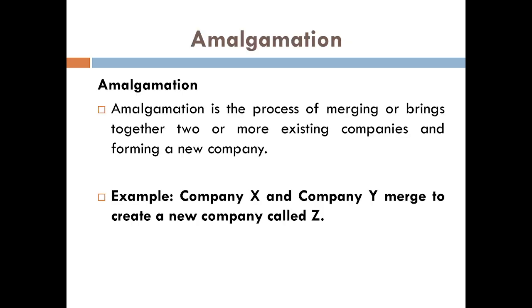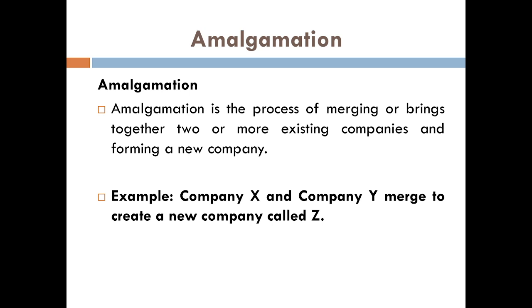So what is amalgamation? Amalgamation is the process of merging or bringing together two or more existing companies and forming a new company. In case of amalgamation, we have an example here. We have a company X and a company Y, and these two companies will merge together to create a new company called Z, where the identity of X is lost, the identity of Y is lost.